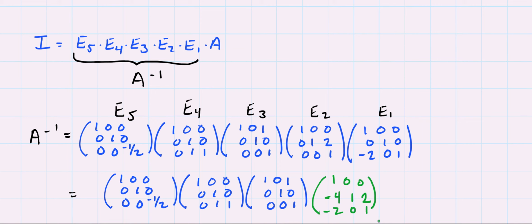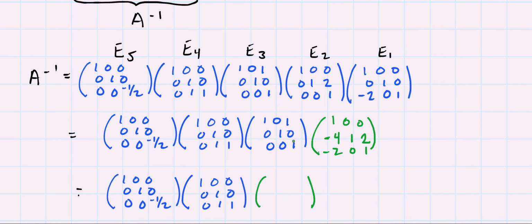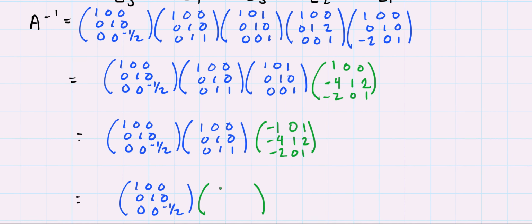Great. Now I'm going to multiply these two matrices together. And this says I'm going to take row 1 and add row 3. So I'll get negative 1, 0, 1, negative 4, 1, 2, negative 2, 0, 1. And then I'm going to take row 2 and add it to row 3.